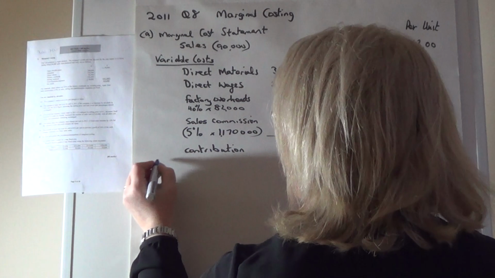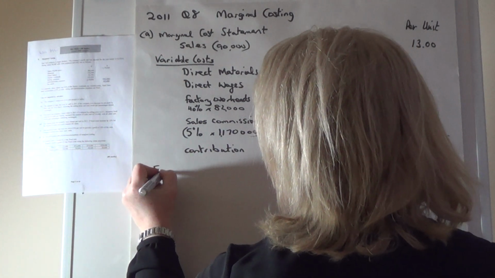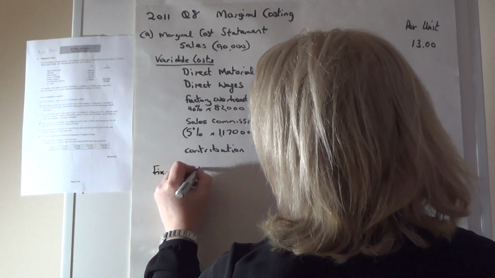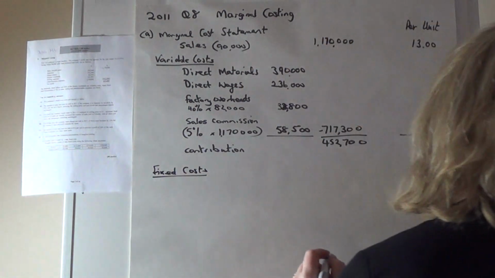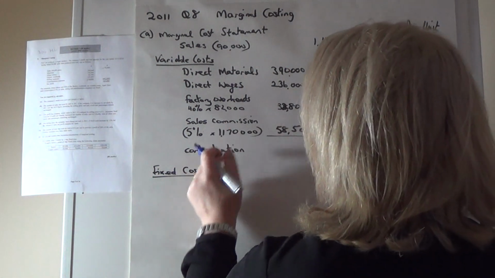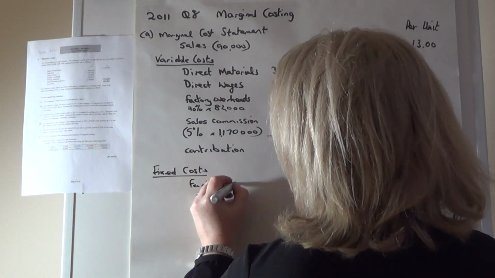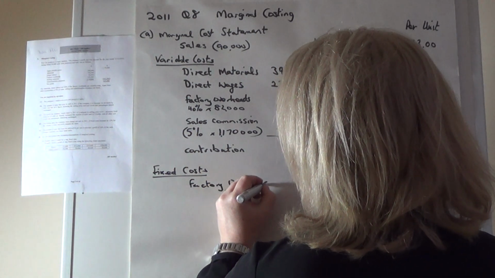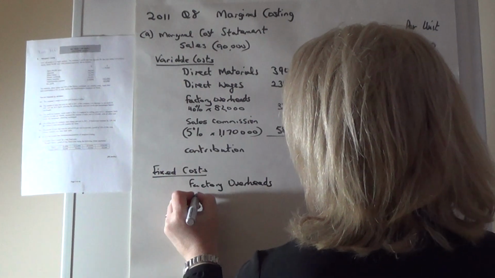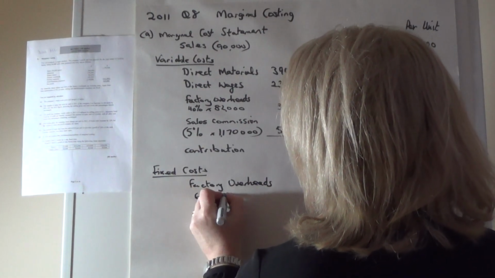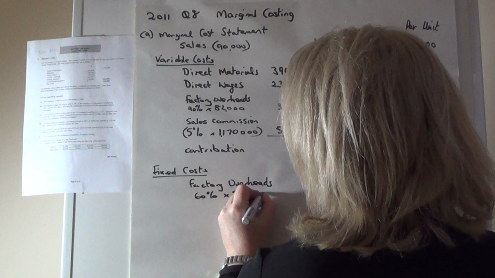So that gives you then the contribution. So less the fixed costs is next. So our fixed costs then, we know, are the remainder of the overheads. So it's the 60% of the 82,000.